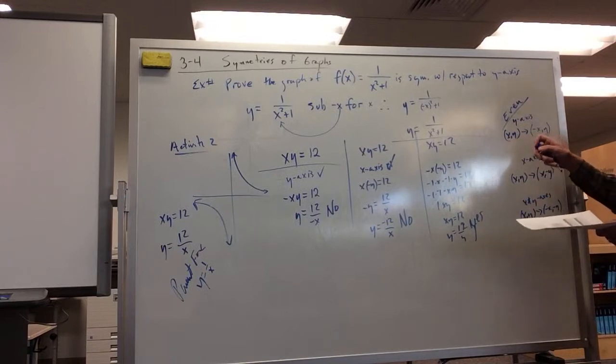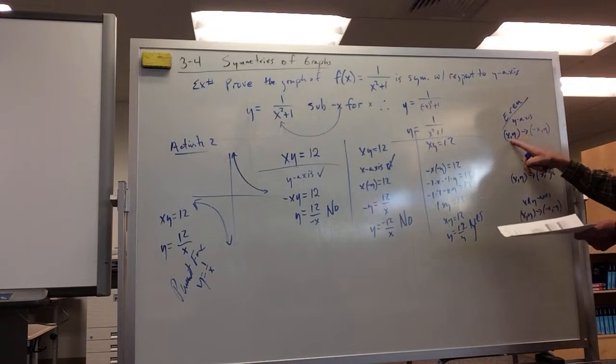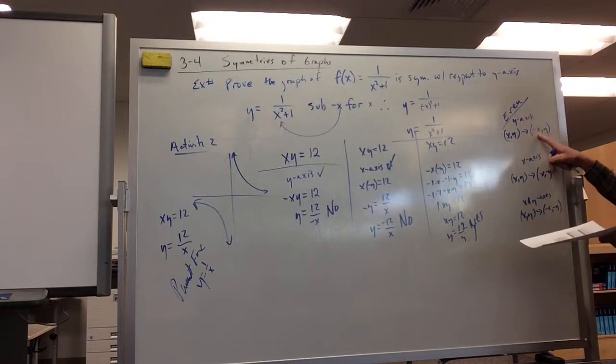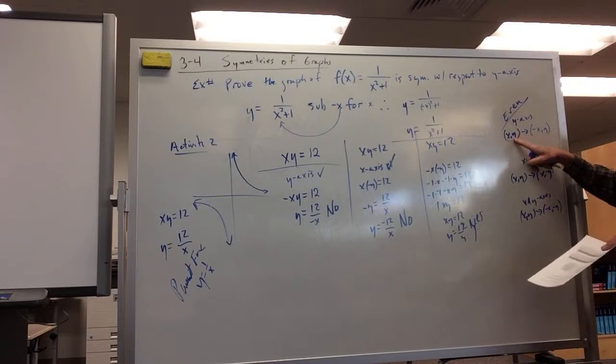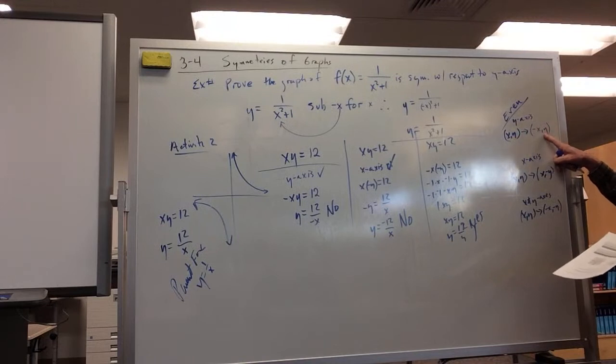Let's check this one first. Even though we said it's even, let's see if even and odd are the same; they shouldn't be. If I take the function of the opposite of x, I should get the opposite of the function of x. And here the function of x is y, and the opposite of the function is going to be negative y, and that's not what I get.